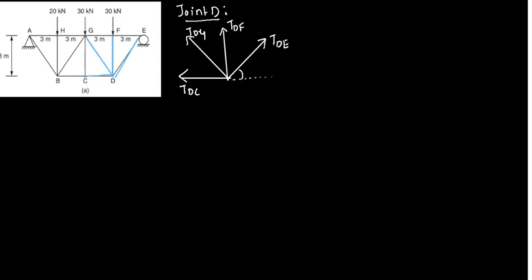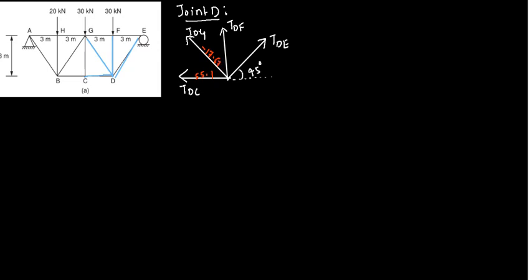This is a coplanar concurrent force system. I will write the values we have. TCD is 55.1, and the TDG value we also have, that is minus 17.67, from the previous calculations.